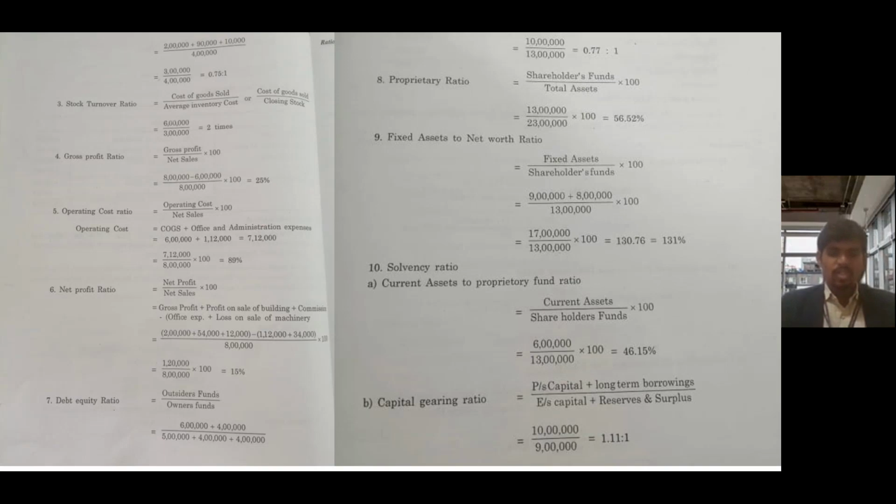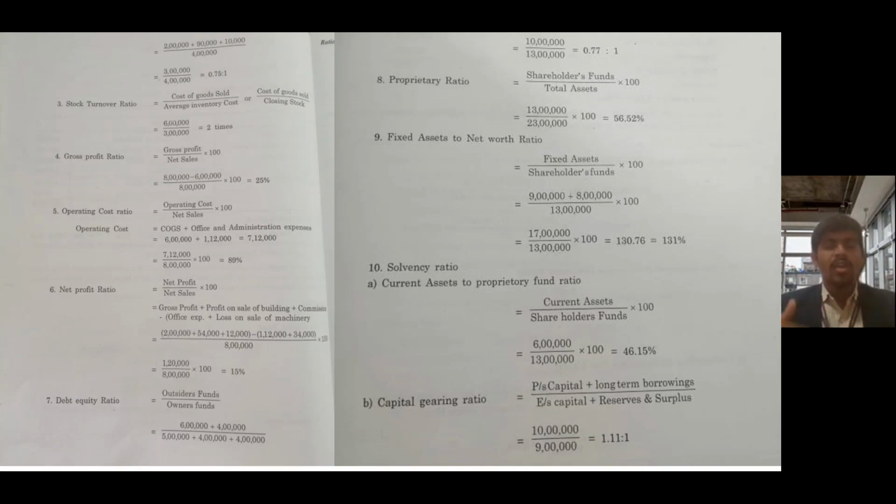So the net profit ratio formula is net profit divided by net sales into 100. The net profit will be calculated based on certain requirements, that is gross profit plus profit on sale of building plus commission earned, minus office expenses and loss on sale of machinery.